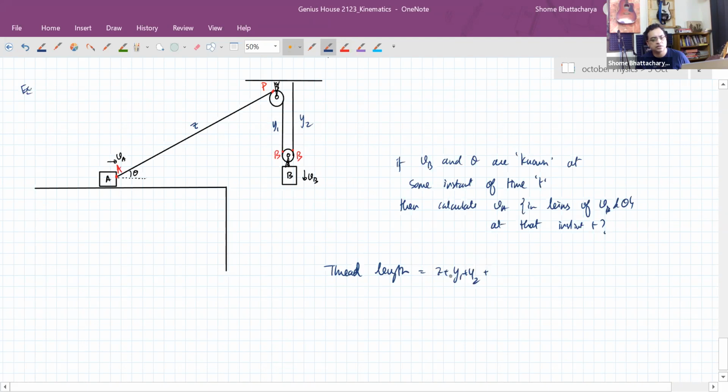So I'll just label that as some small l. So this is the total thread length. So this small l is the part of thread in contact with the two pulleys.